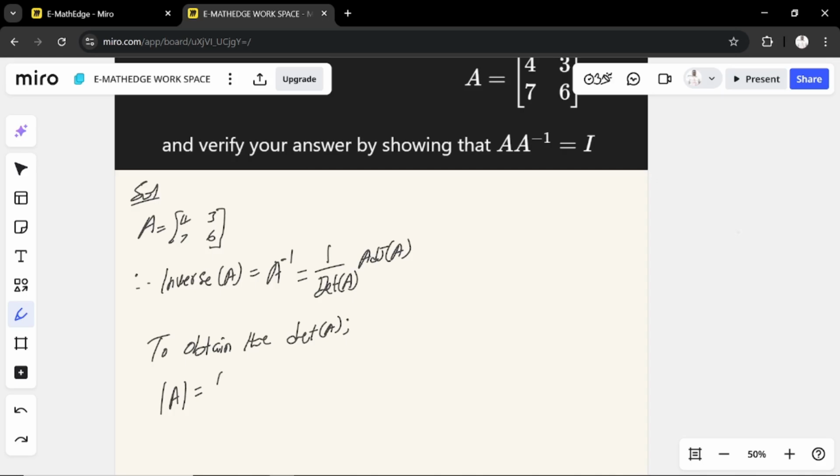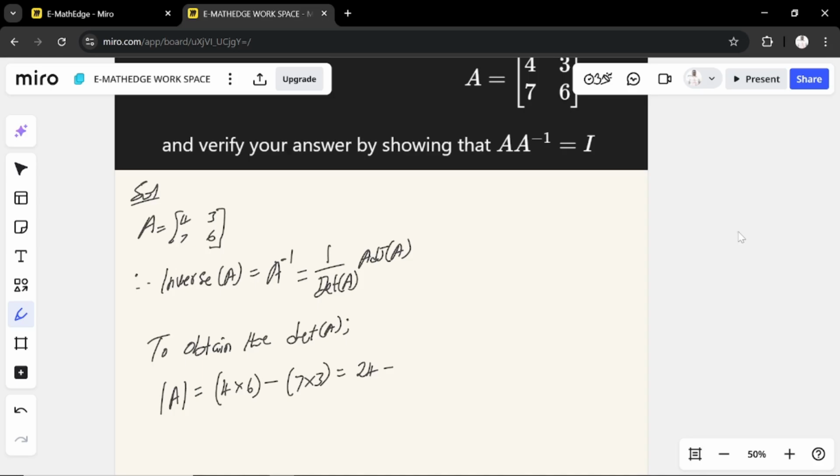The product of the elements in the major diagonal is 4 multiplied by 6, minus the product of the elements in the other diagonal, which have the elements 7 and 3, is going to be 7 multiplied by 3, such that if we simplify further, 4 times 6 is going to give us 24, right?